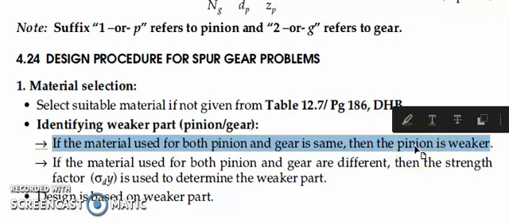Likewise, we have to identify which part is to be designed. That is the first step.